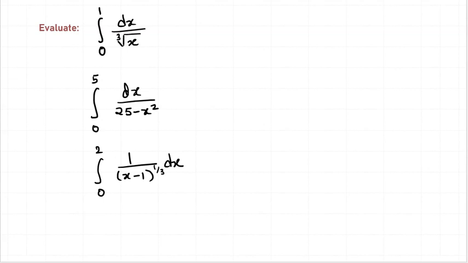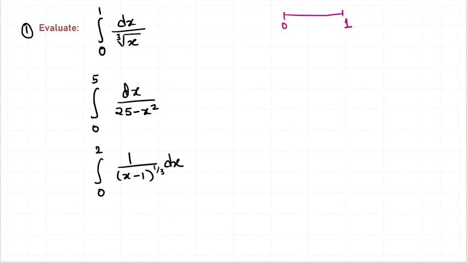So here, what you need to understand is how and at which point the function is becoming unbounded. So let's see the first integral. If you look at the interval of integration, it is 0 to 1.